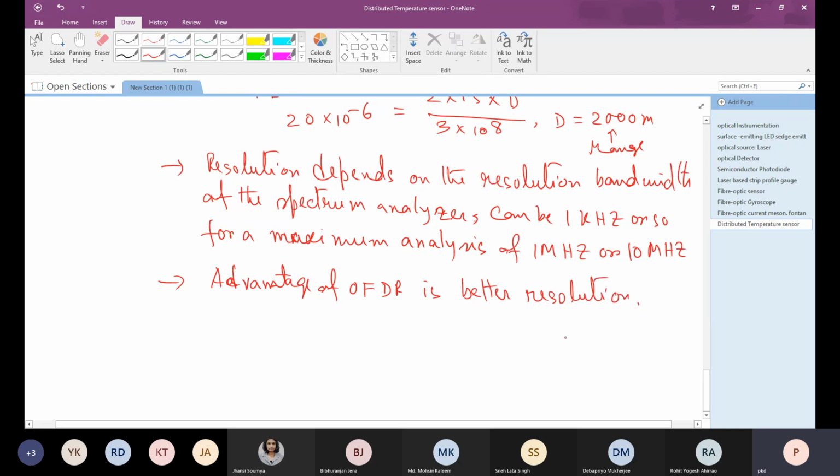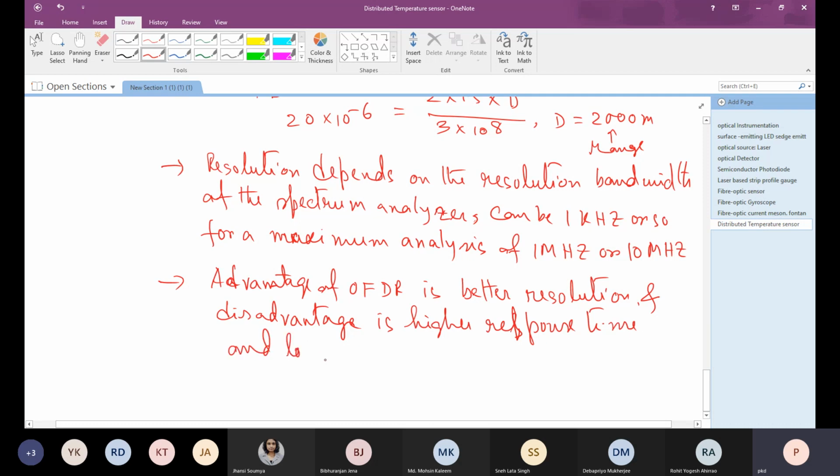And the disadvantage is higher response time, and of course lower range.